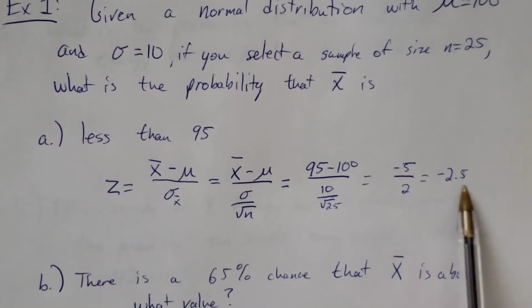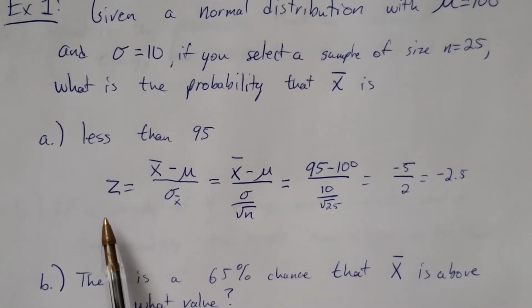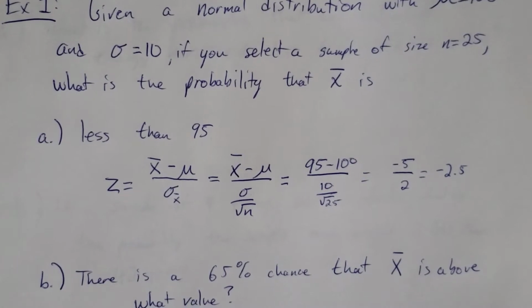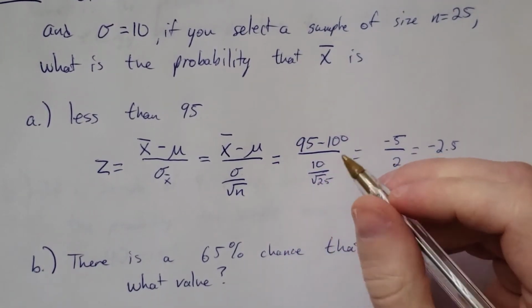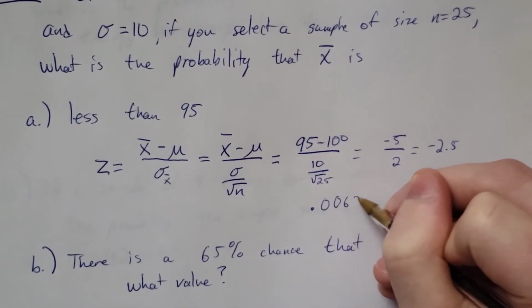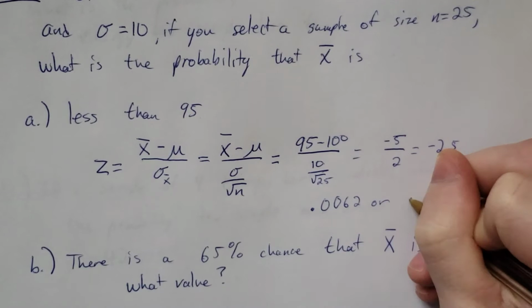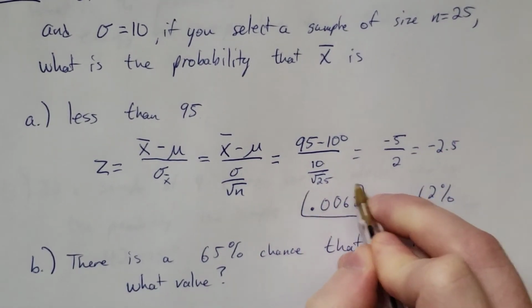And then what do we do with that value? Remember, this is our z-score. So we look at our table on page 739, 740 from our book, or just wherever you can find that table. And that corresponds to a value of 0.0062 or 0.62%. And what does this mean?